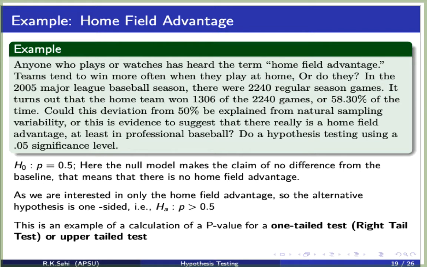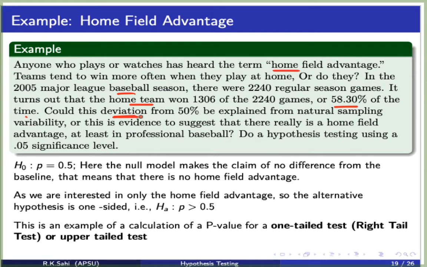Anyone who plays or watches has heard the term home field advantage. Now, teams tend to win more often when they play at home, or do they? Well, in the 2005 Major League Baseball season, there were 2,240 regular season games. And it turns out that the home team won 1,306 of those 2,240 games, or around 58.30% of the time.